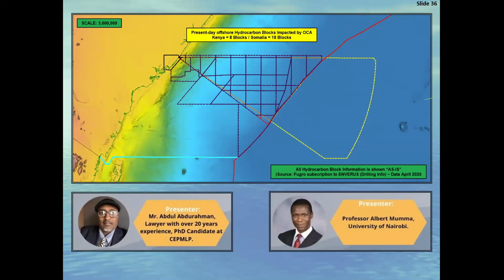And since those have failed, they have now submitted the claim to the International Court of Justice to settle the matter. And Somalia has requested that the method that should be used should be the equidistance method.